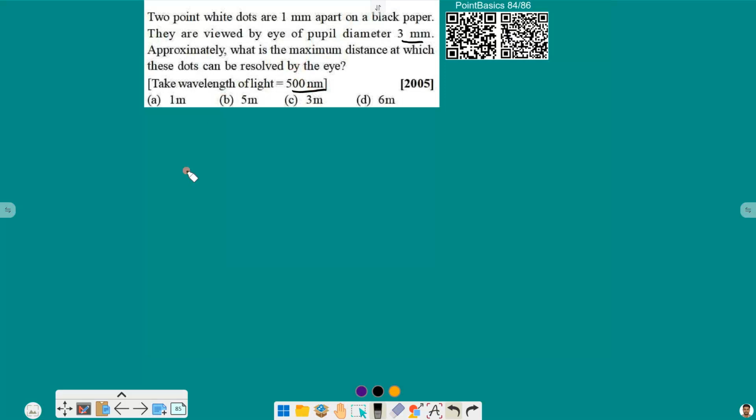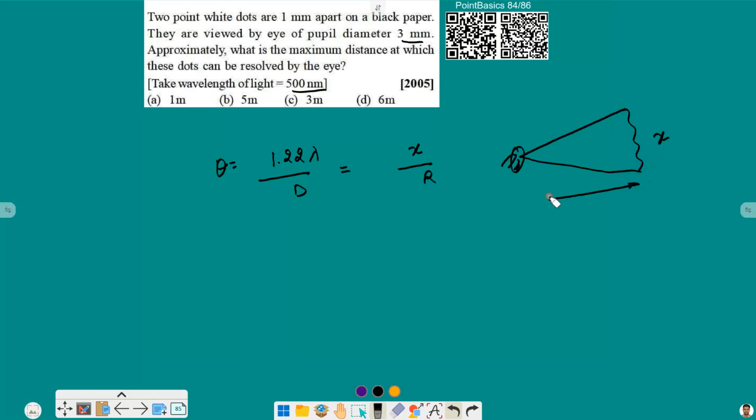So for the eye, the resolving angle will be equal to 1.22 lambda by diameter, and that should be equal to x divided by the distance, because we can suppose this is our eye, this is the distance between the objects, and this is the distance of the object from the eye.